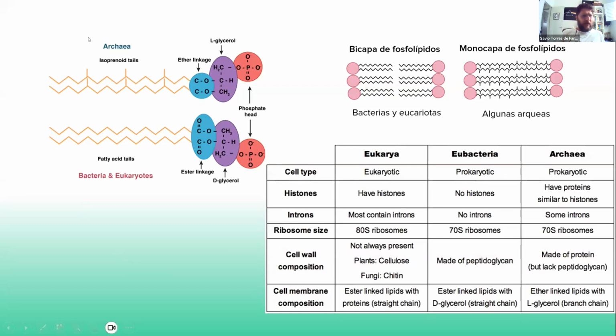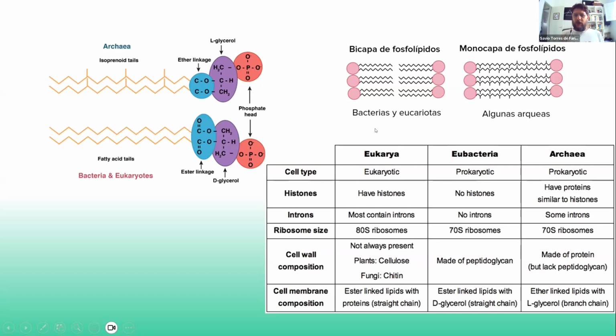Here you can see a typical lipid of archaea membrane, and here of bacteria and eukaryotic membrane. We have here L-glycerol, here we have D-glycerol. The linkage is ester here, and here in archaea is ether. The phosphates are bound in different positions.